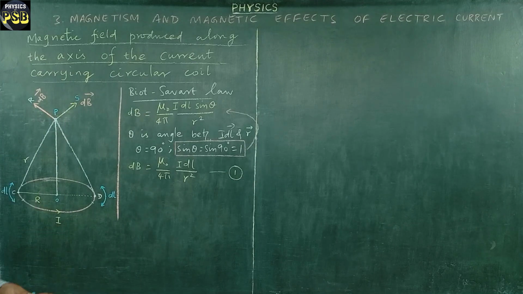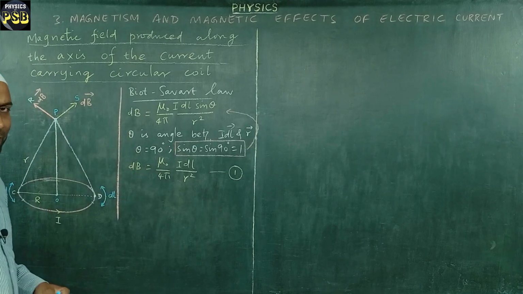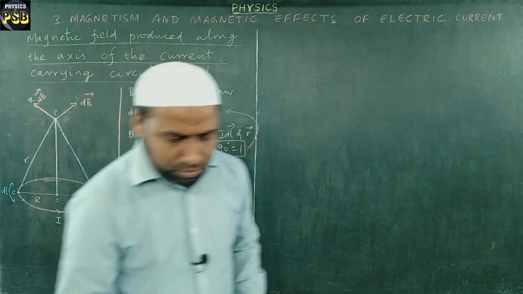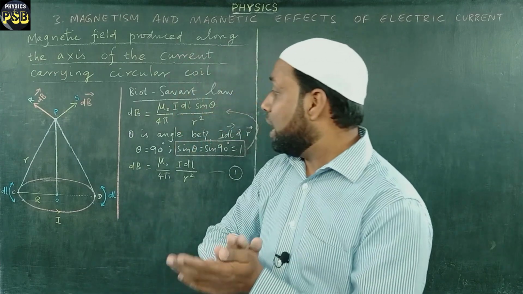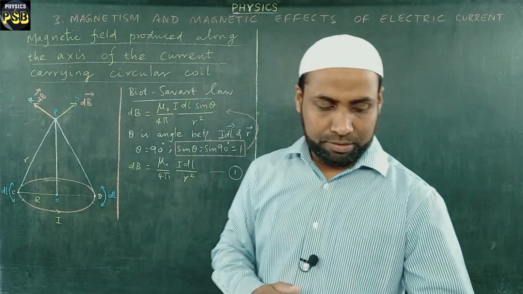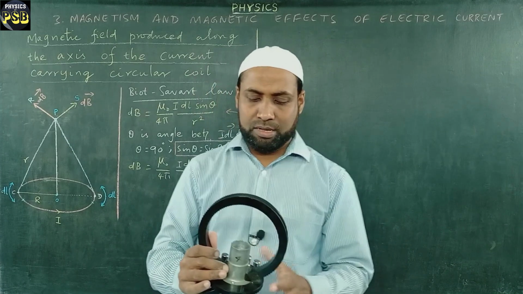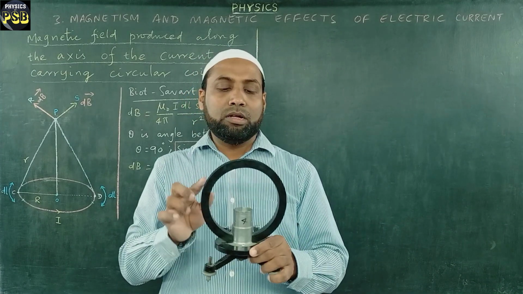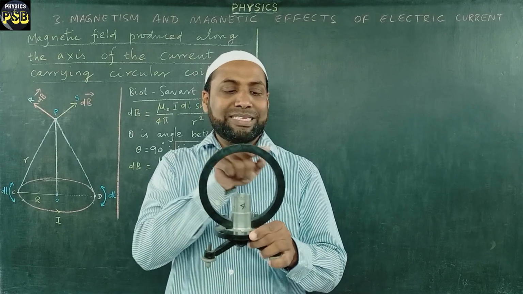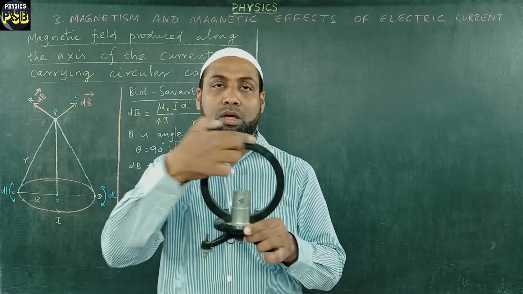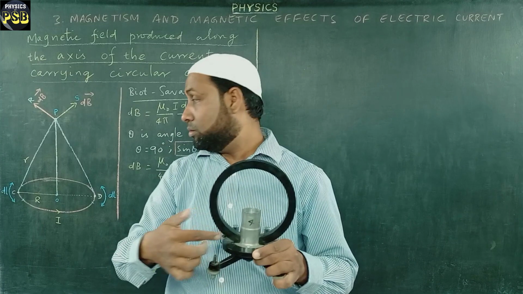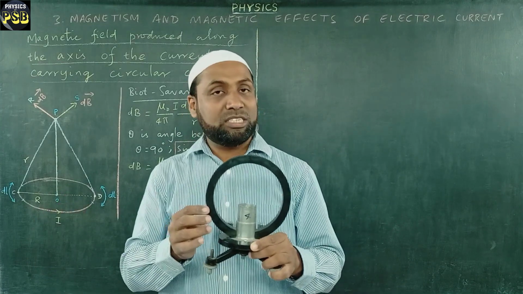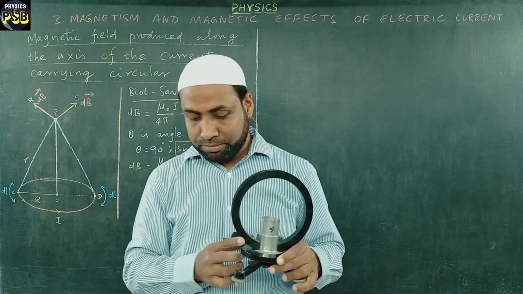Now, let me tell you why theta is taken as 90 degree. I told you it is the angle between IDL and R. Suppose I take the example of this tangent galvanometer, which has got a circular coil. Here also we have taken one such similar coil through which we pass current.